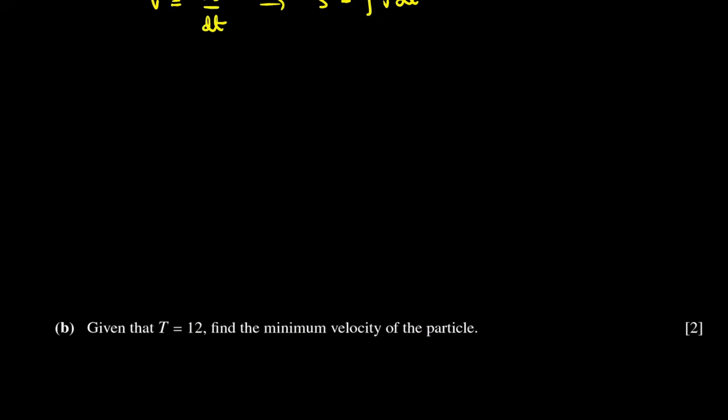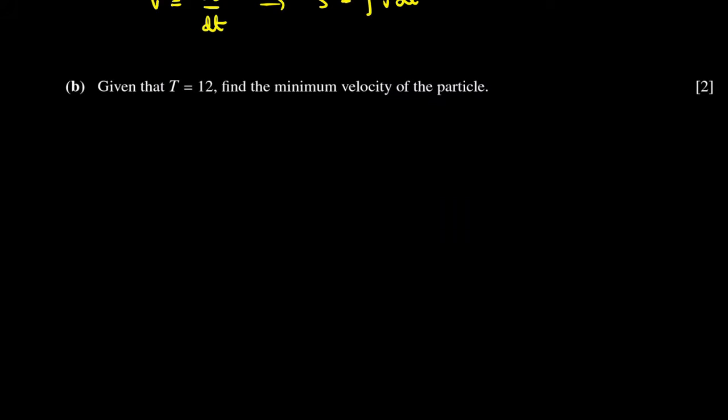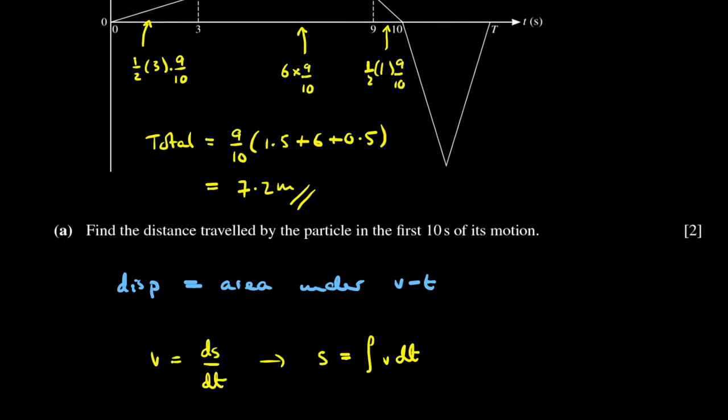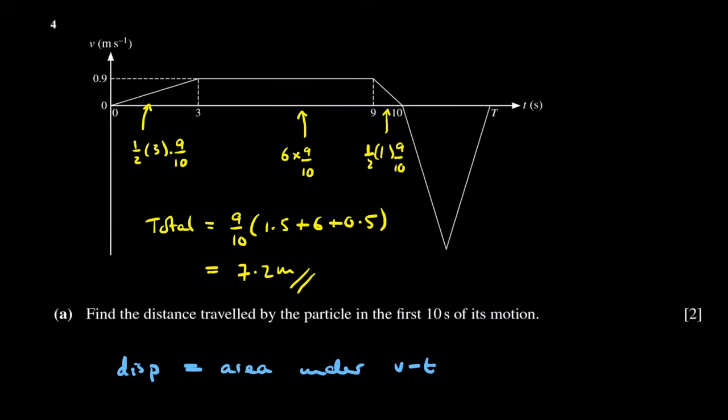I think I'll drag this up. Given that t is equal to 12, find the minimum velocity of the particle. Okay, so the minimum velocity is going to be defined by whatever this value is here. That's v. Now, the key thing that we're told in the text of the question is that at this point, we return back to our starting point.